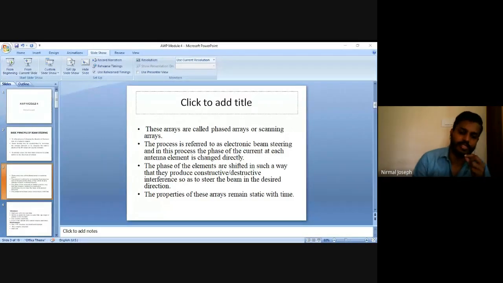What do you call a sine wave with a 90 degree phase shift, or sine of 90 plus theta? Yes, cosine. So a sine wave with a 90 degree phase shift is a cosine wave. So if they are interfering with each other, what will happen?